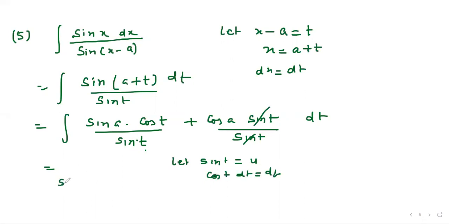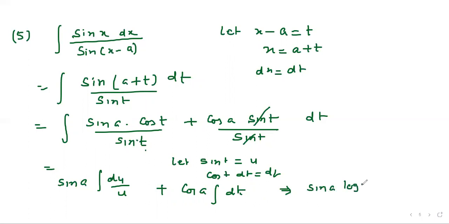So this will become sin a integration du/u plus the second term cos a integration dt only, because cos a is constant. So we will get sin a times log u plus t times cos a plus c.